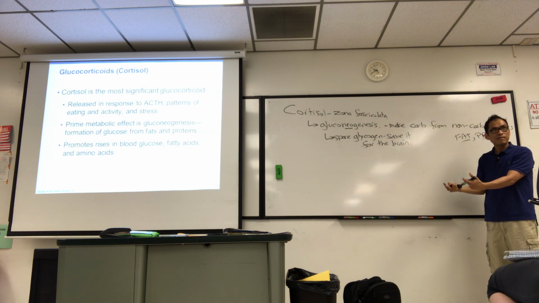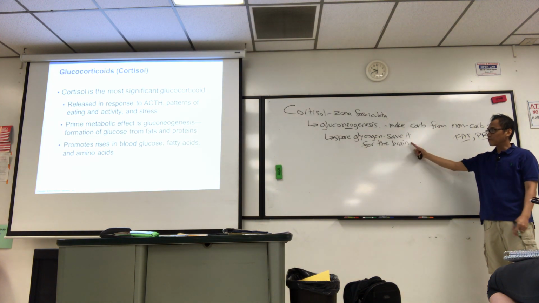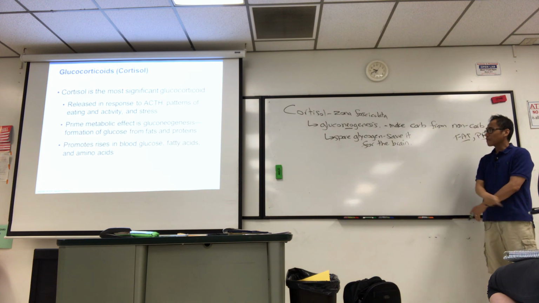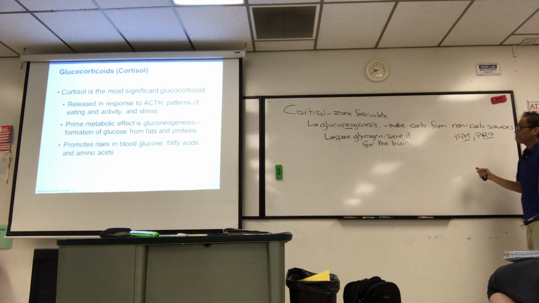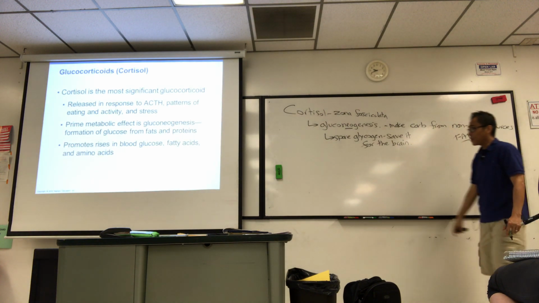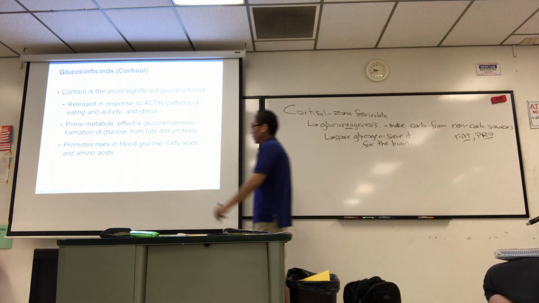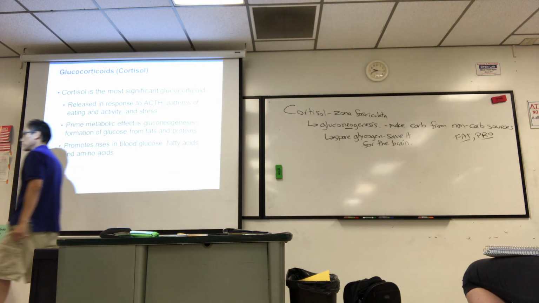You want to save it. You don't want to burn through it every month and try to reaccumulate it. You want to save it for that very important thing. And the body's the same way. You want to save this for the brain because once you use it, that's it. So by doing this, you spare your glycogen. Save it for the brain.